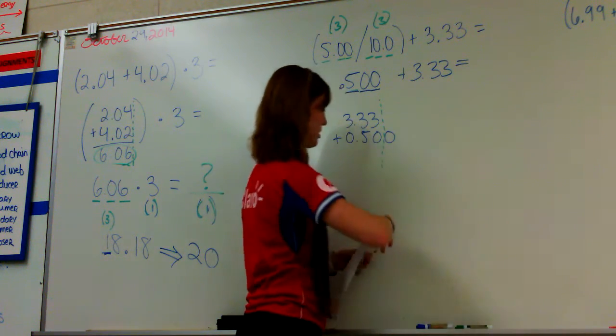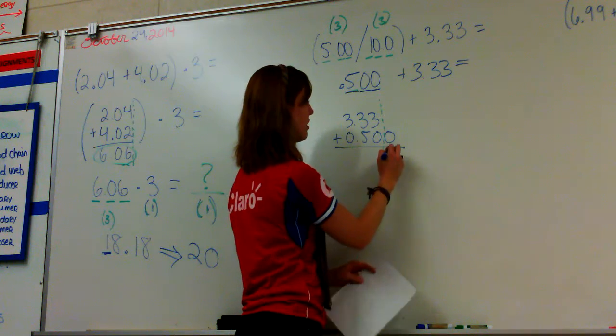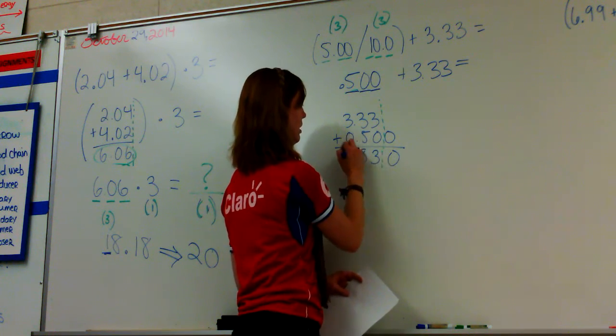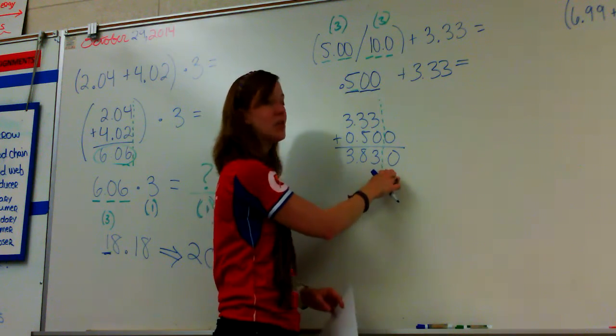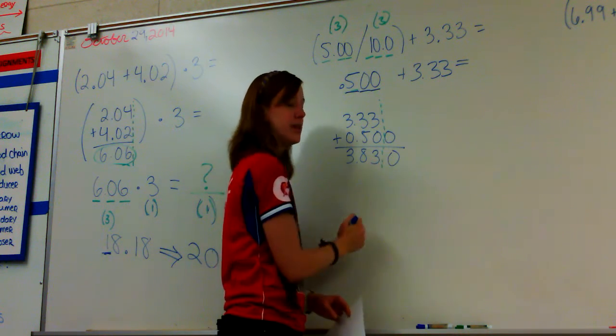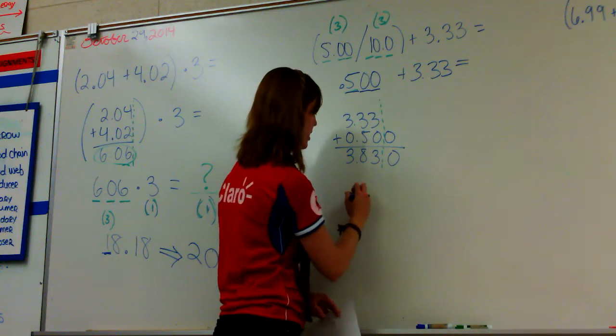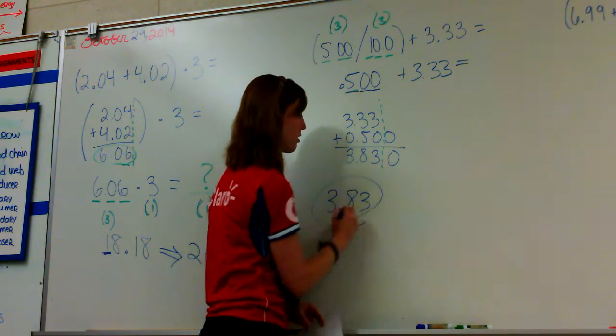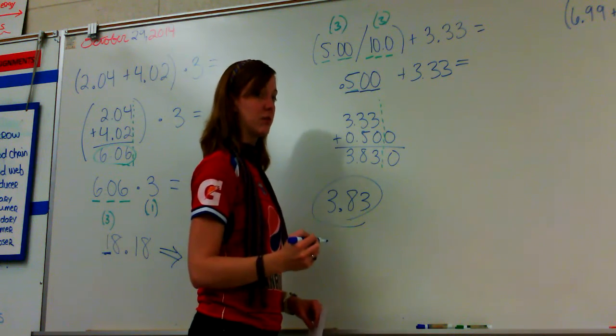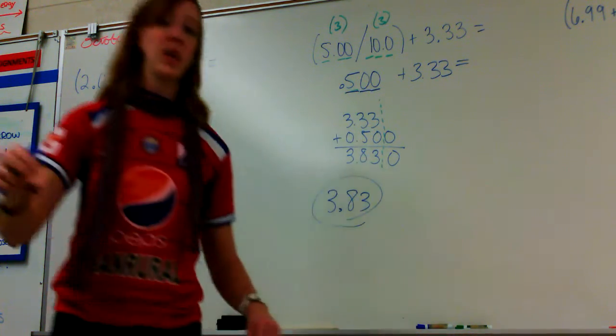It's less precise. So when I add these together, I'll get 3.830, but I can't use that last 0 anyway, so I'm not too bothered by that. And I will get 3.83 is my final answer. Let me move the camera.